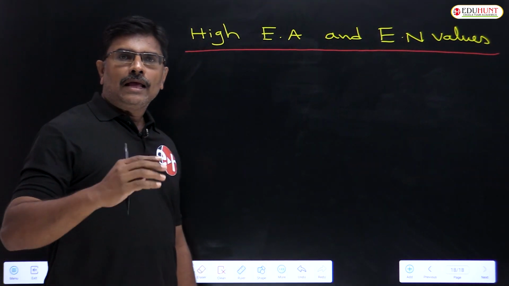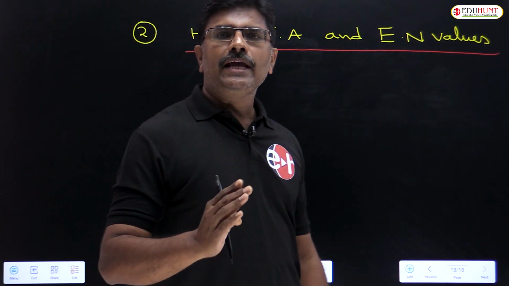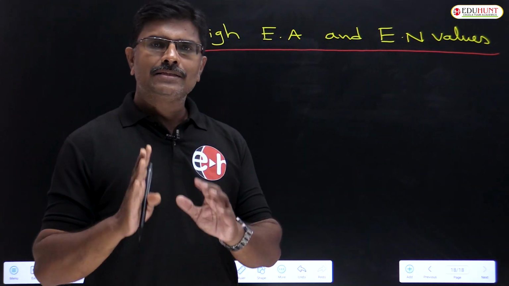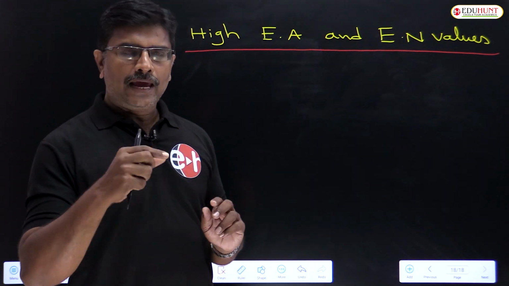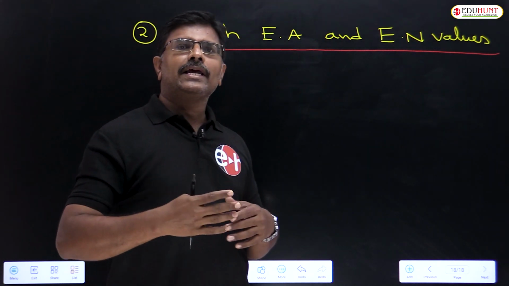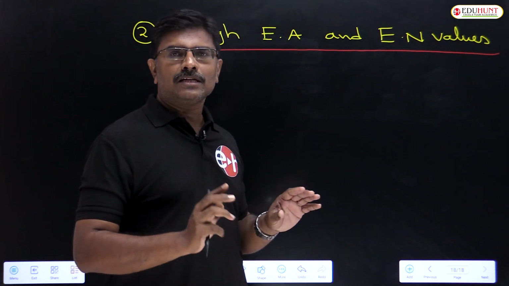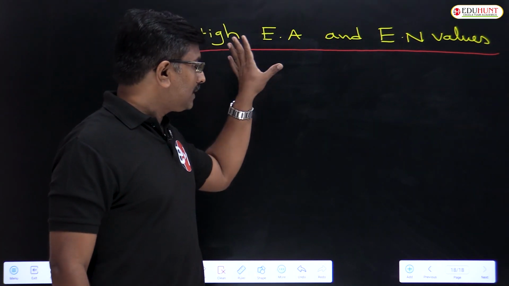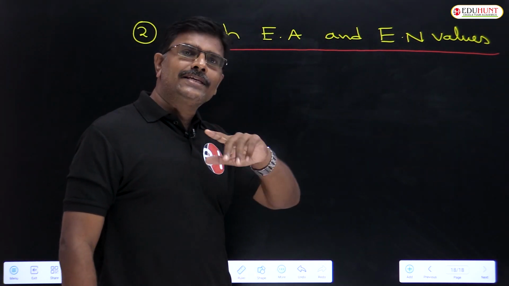Please observe, the atoms with high electron affinity and high electronegativity, both are almost relatively the same, but having a slight difference in calculation and in explanation and in actual existence also. There are differences, but the point is they explain the same thing.